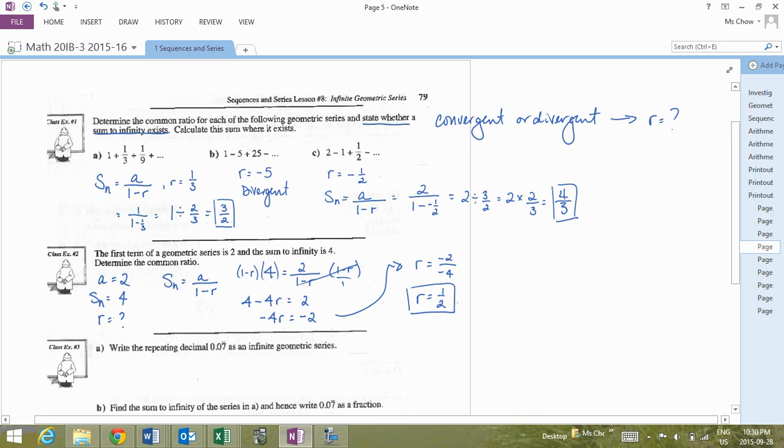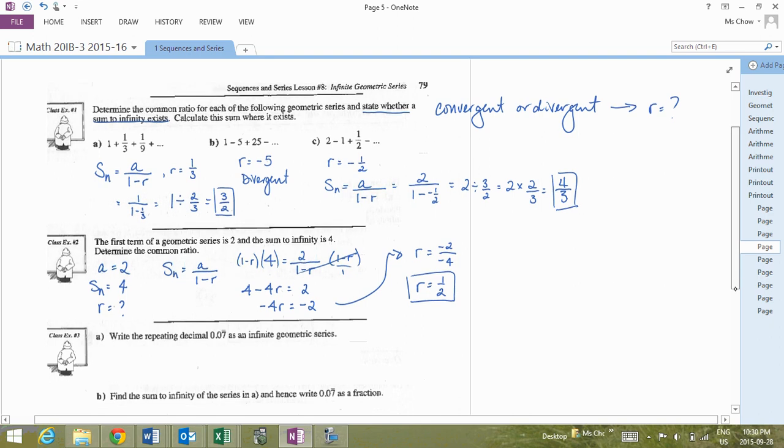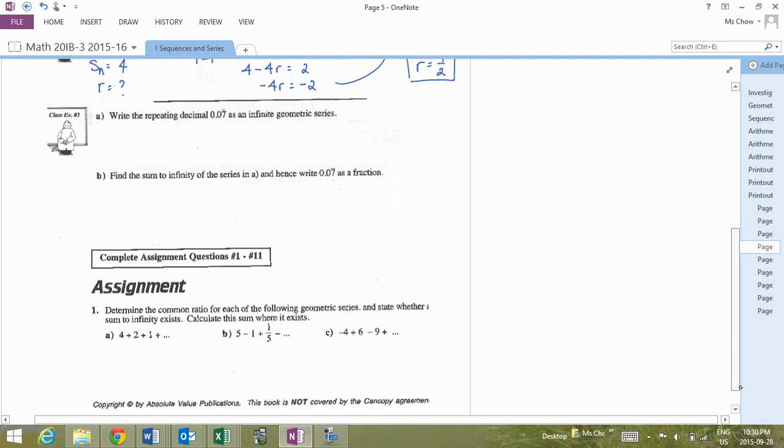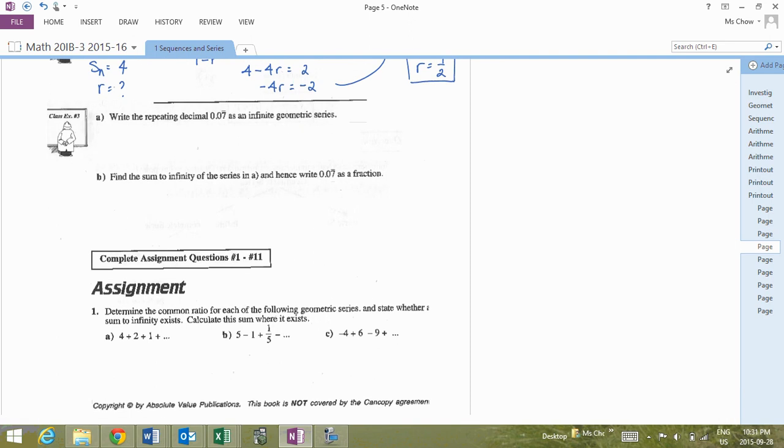Okay, so if we want to look at class example number 3, writing the repeating decimal 0.07 repeating as an infinite geometric series. So thinking about that, 0.07 repeating is the same as 0.0777777, and on it goes. So what are we looking at then?